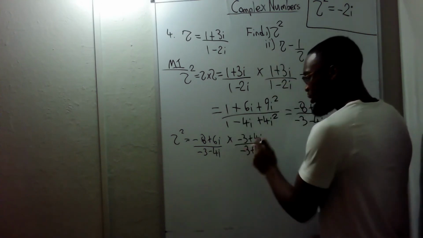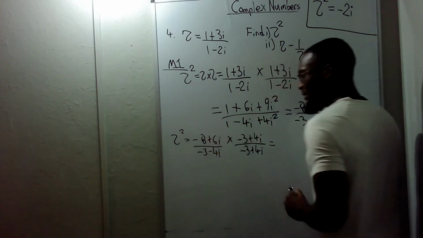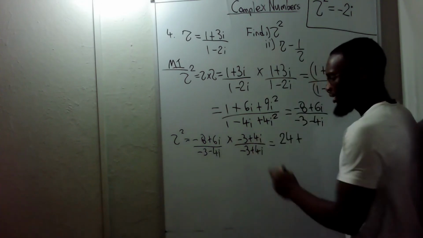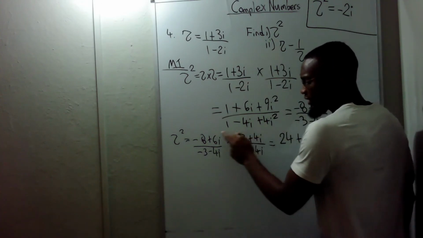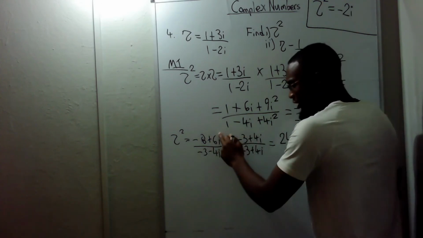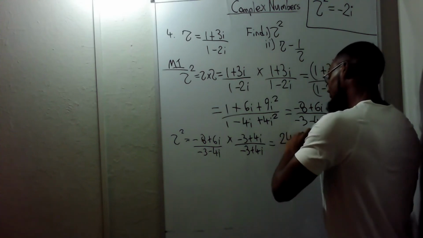Beautiful. So now we'll go ahead and multiply across the numerators. -3 times -8, that's plus 24, plus -3 times 6, that is -18i.